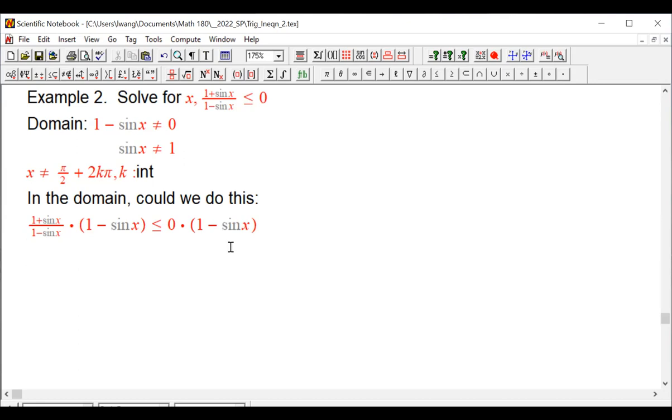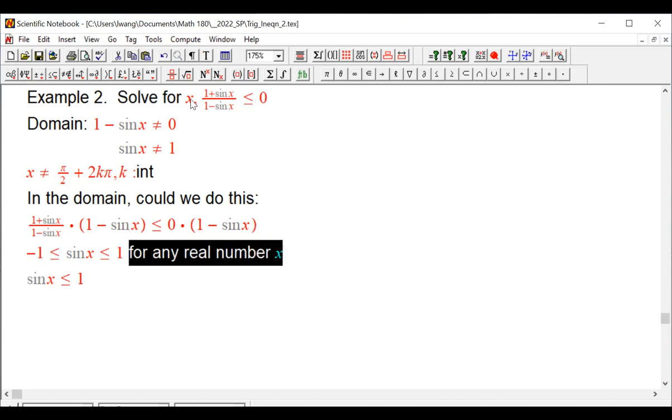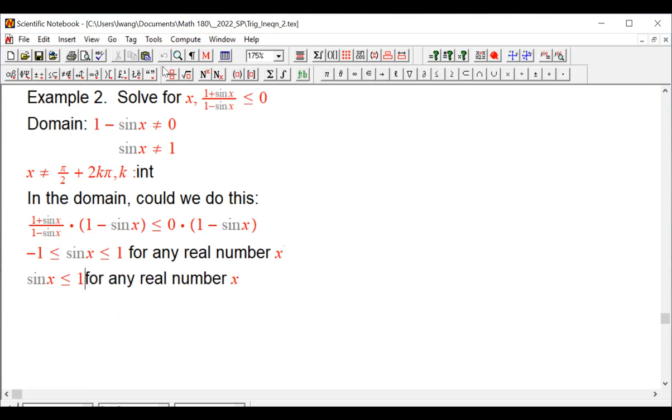Okay, look at this. We know that negative 1 less than or equal to sine x less than or equal to positive 1, and this is always true for any real number x. So that's the range for sine x. If we take this piece, then this is always true for any real number. What does that mean?